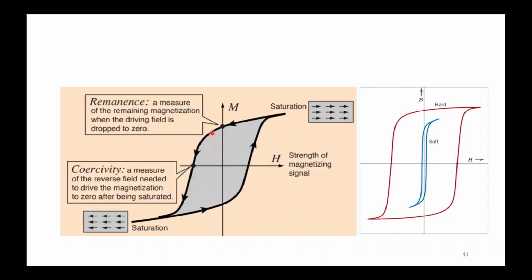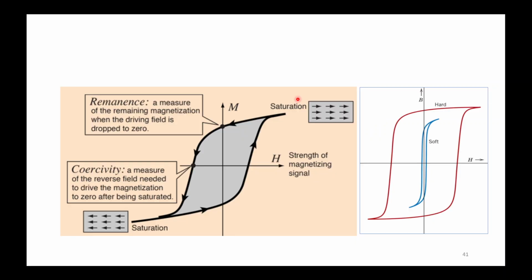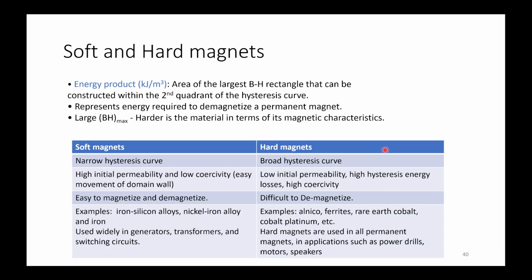In this second quadrant, when you make the largest possible rectangle, that is the area of the largest BH rectangle which can be constructed within the second quadrant of the hysteresis curve. For various materials, this loop will be different, for some it will be like this, for others it will be like the red one. Depending on that, they will have different energy products.